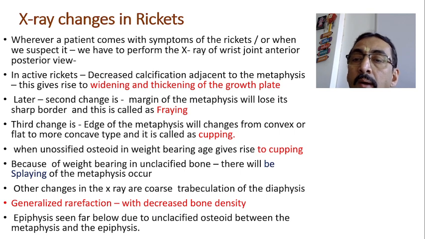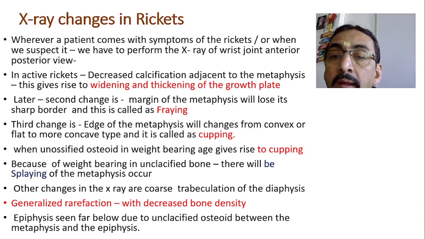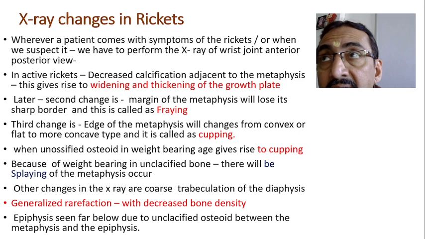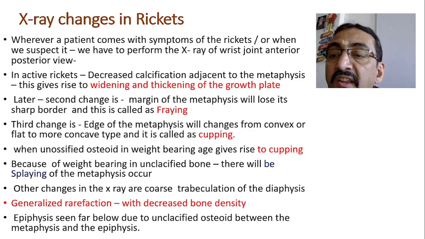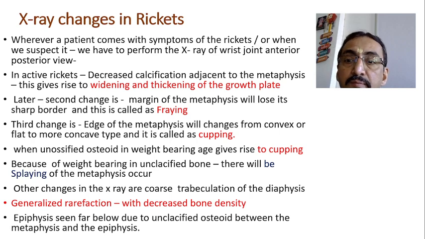Now, when unossified osteoid in the weight-bearing area gives rise to cupping, then because of the weight bearing on the uncalcified bone, there will be splaying. Okay, splaying means just like a protrusion. It is an uncalcified area, a soft area.